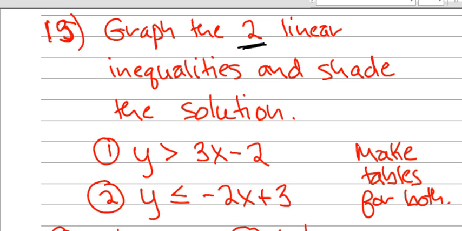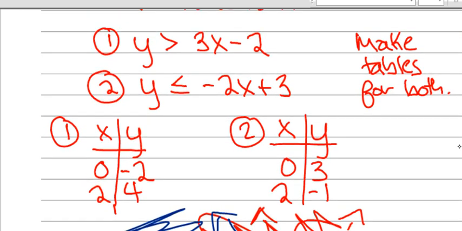So I want to do the same thing I did for 14 and make a table for each linear inequality. And again, I want 2 points for each. So if you want to pop those in your calculator under your y equals, you bring up the first table. Here are my 2 points.